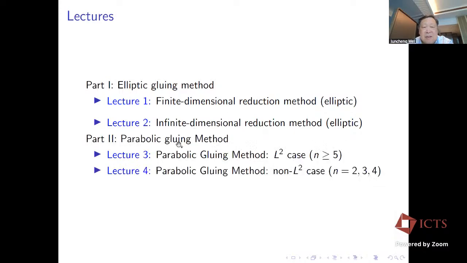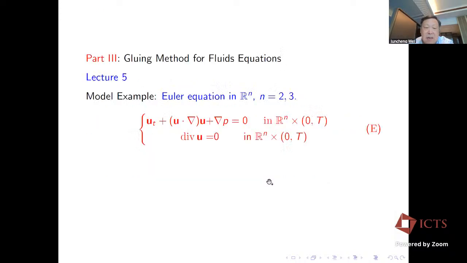And in the last two lectures, I discussed the parametric GUI, the L2 case, and the non-L2 case, which we discussed last time, dimension 2, 3, 4. And so today I will discuss the GUI method applied to fluid equations, in particular the Euler equation.